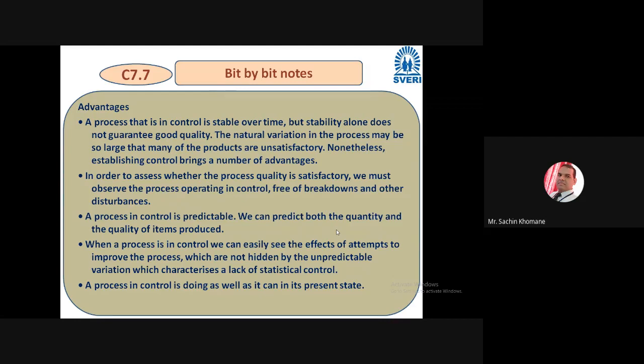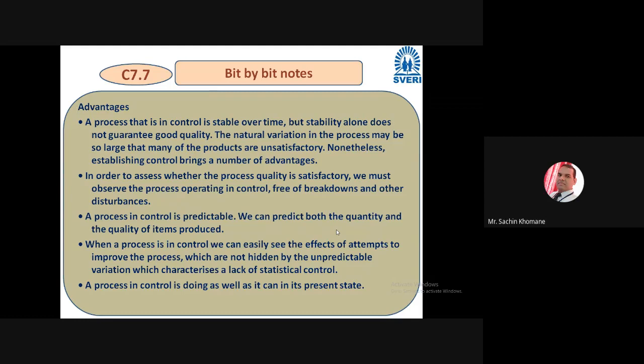Nonetheless, established control brings a number of advantages. In order to assess whether the process quality is satisfactory, we must observe the process operating in control, free of breakdown and other disturbance.